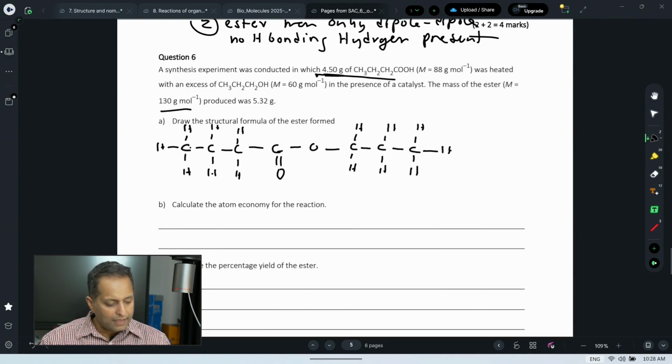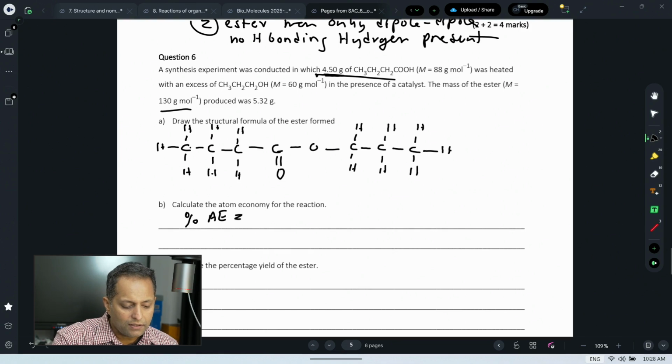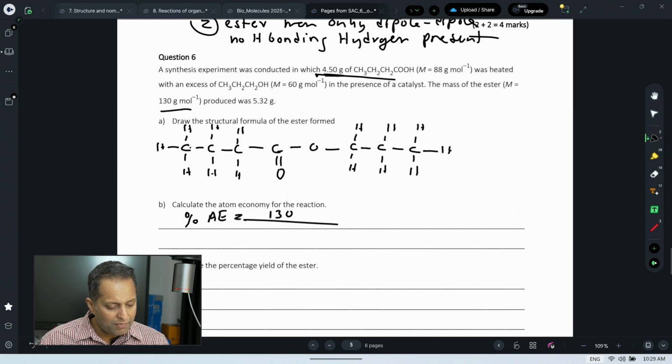Okay, that's done. Then calculate the atom economy of this reaction. How do you find the percentage atom economy? The percentage atom economy is equal to the molar mass of the desired product over the molar mass of the reactants, times 100. The molar mass of the desired product, which is our ester, is 130. Then what's the molar mass of the reactants?